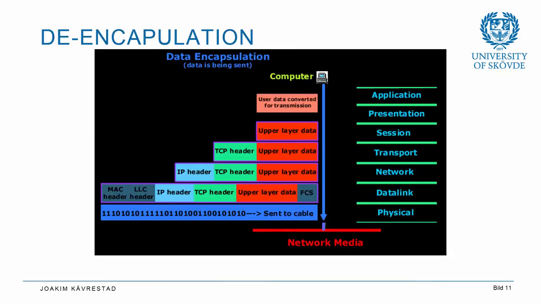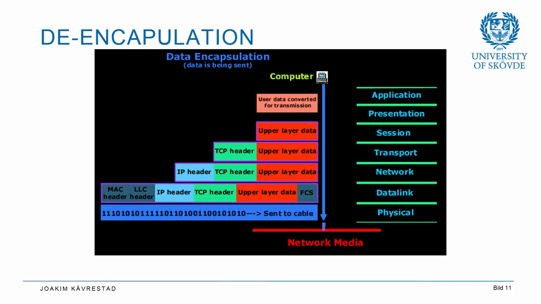So when we want to send information from one computer to another, we actually have the data we want to send sent down through the entire OSI model, and different things happen in the different layers. First we have the application layer, where we have the application data.